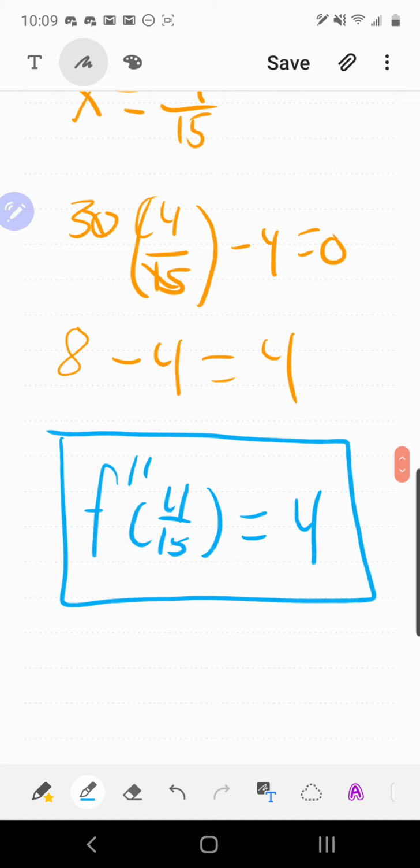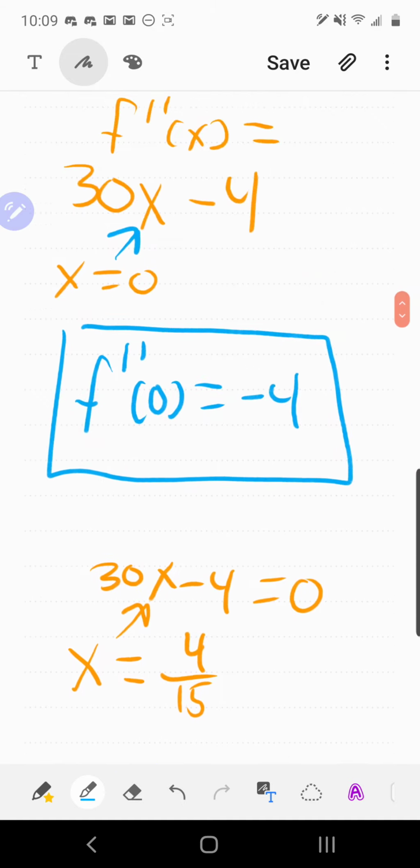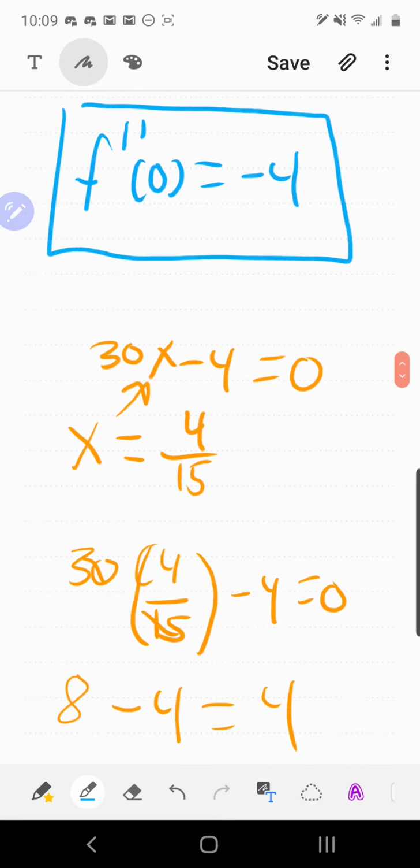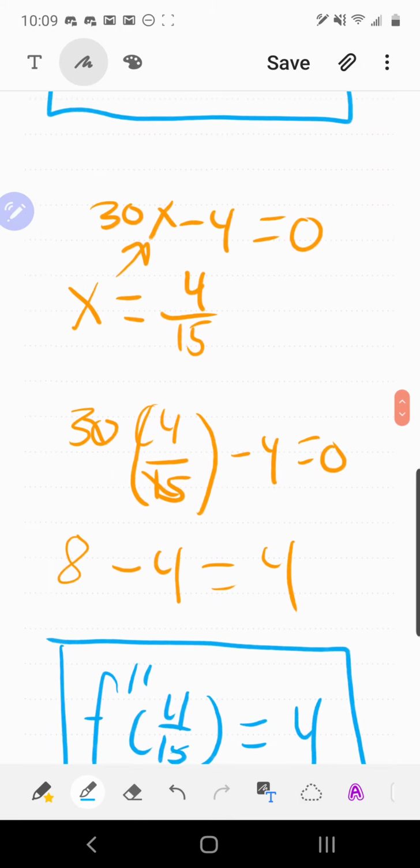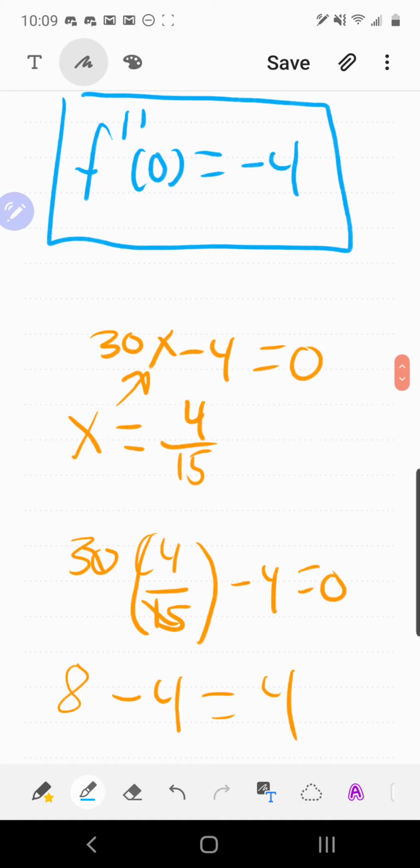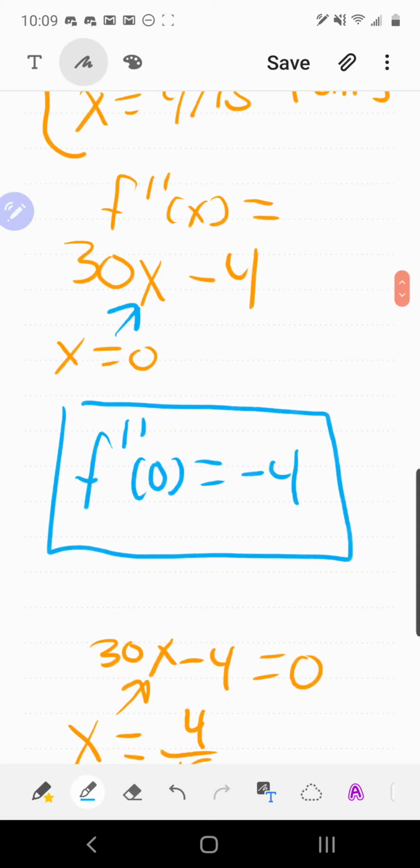All right, so now we got to determine which one of these is our maximum, which one is our minimum. If we look at whether this is greater than or less than 0, f double prime of 0 is less than 0.